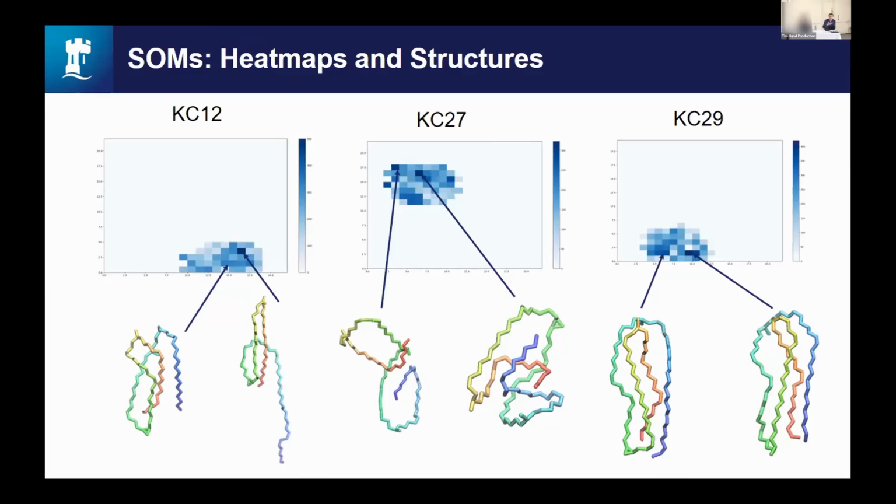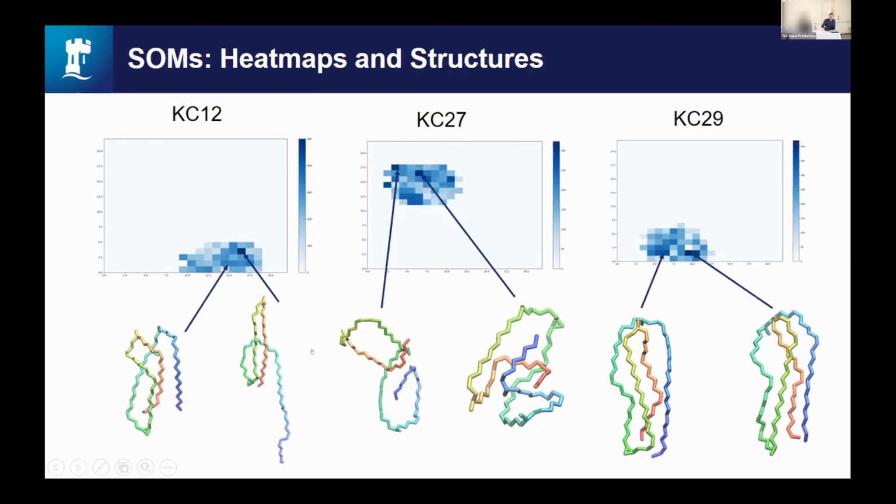You can then get out the heat maps of your structures, and I don't go into detail here, but what we see is for those systems which are less flexible, which is the right-hand side, the KC29, which has a much more folded structure, we see the same thing as with the PCA analysis. So there, it might have worked. For the more flexible, we again see particular extended open conformations we have not seen in the PCA analysis.